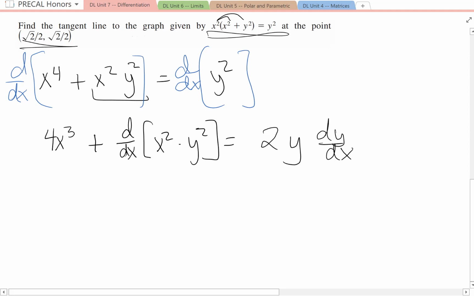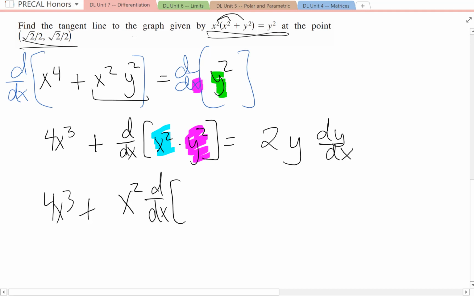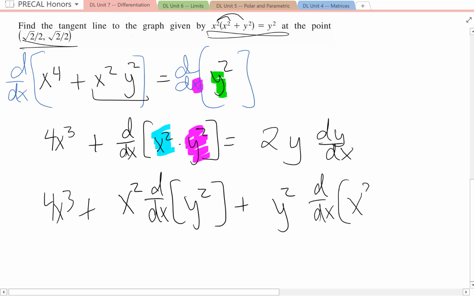Remember, that is requiring the chain rule because the variables do not agree. 4x cubed plus, this will be f and this will be g. So f dg plus g df equals 2y dy dx.